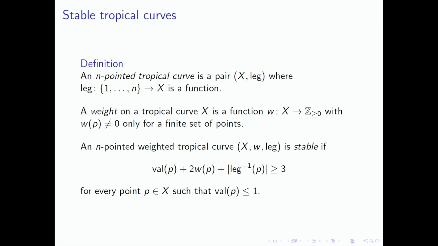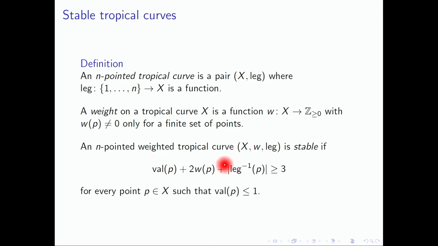Namely, I can consider for a finite set of points some positive integers or non-negative integers, and these are the equivalent of the genus of the components of an algebraic curve. So we have an n-pointed tropical curve with a weight, and the notion of stability, which is in some sense the tropical analog of the stability for algebraic curves.